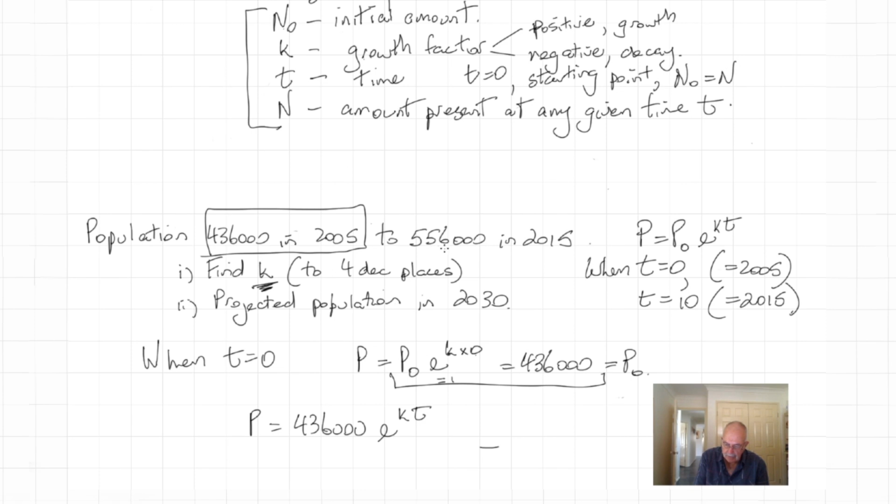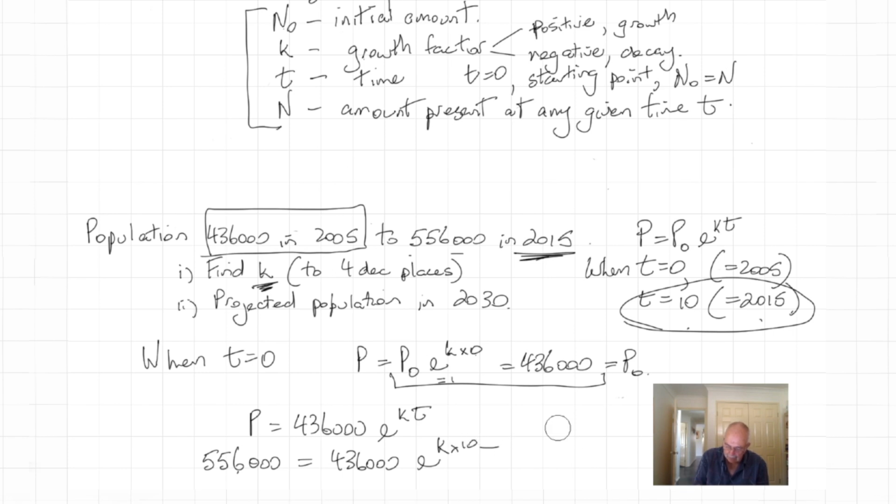We know that when t is equal to 10, in other words in 2015, the population is 556,000. So 556,000 equals 436,000 e to the k times 10. Now that is in the year 2015, and we said in 2015 t is equal to 10.